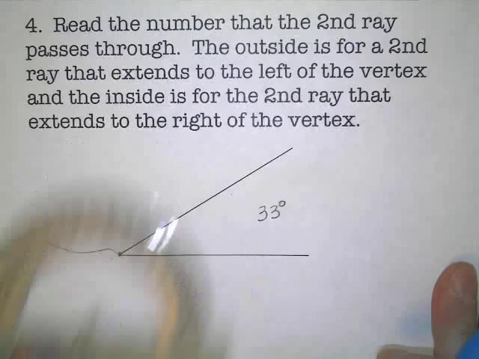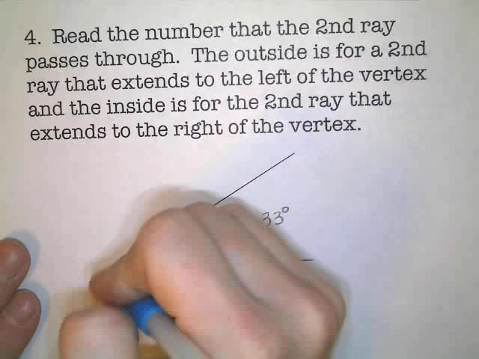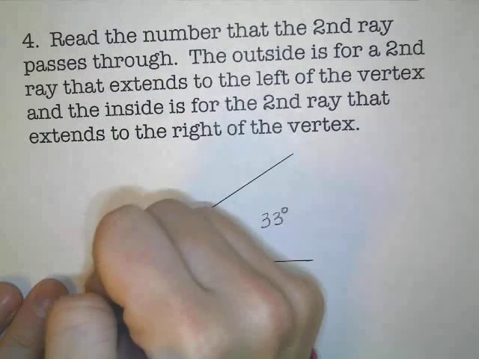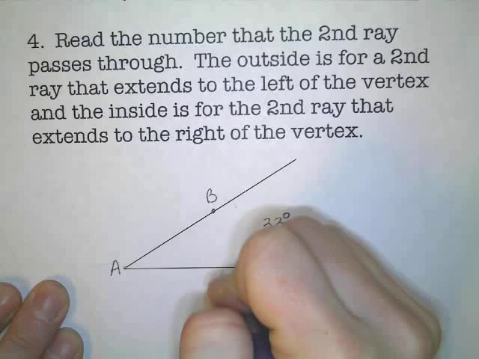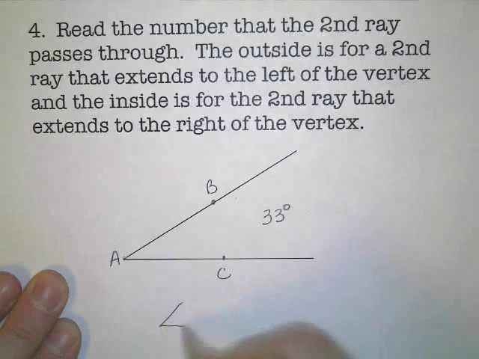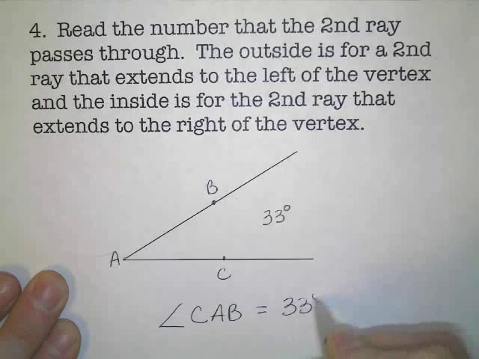Okay? If we had points on these angles, A, B, and C, we would list this as angle CAB equals 33 degrees.